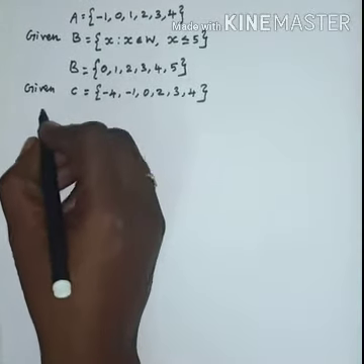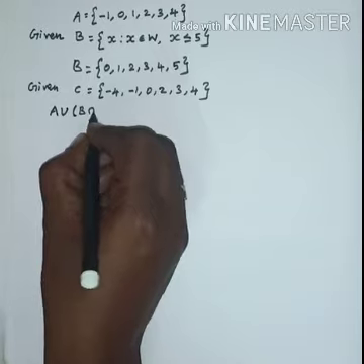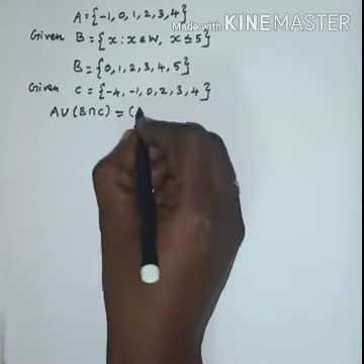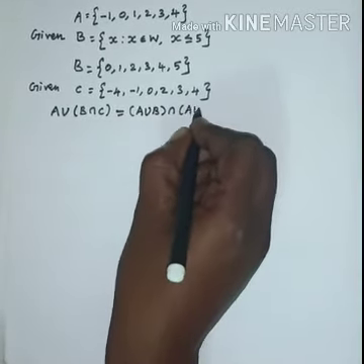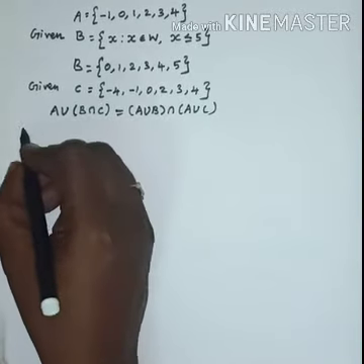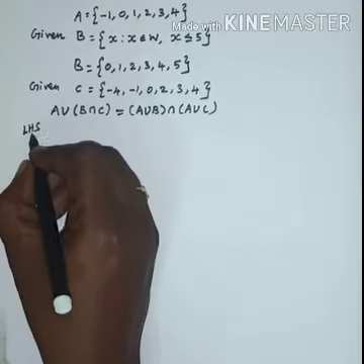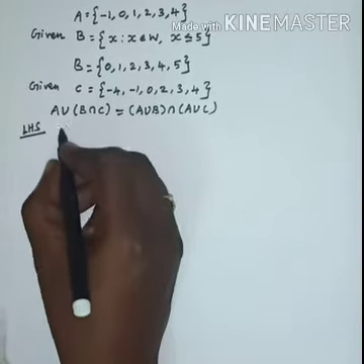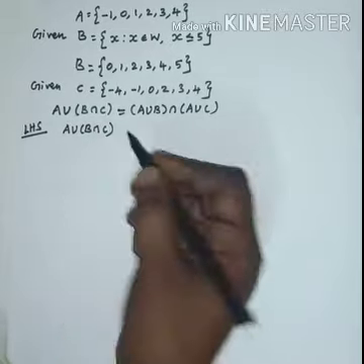So write the distributive law: A union (B intersection C) is equal to (A union B) intersection (A union C). First we have to find the elements of the left hand side. So what do we have in the left hand side? A union (B intersection C).